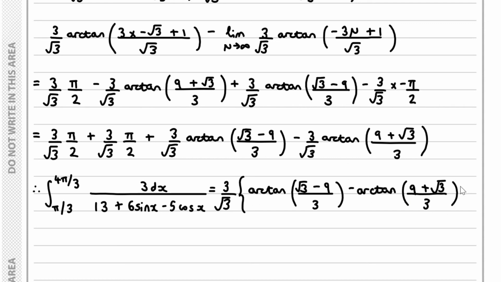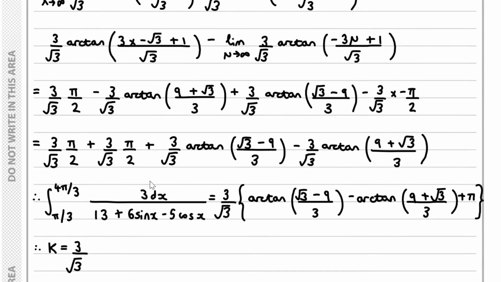And then we add on pi. So this is the result which we wanted to show. And therefore, if we were to state the value of k, k would simply be 3 over root 3. So that's the end of this particular part of the question.